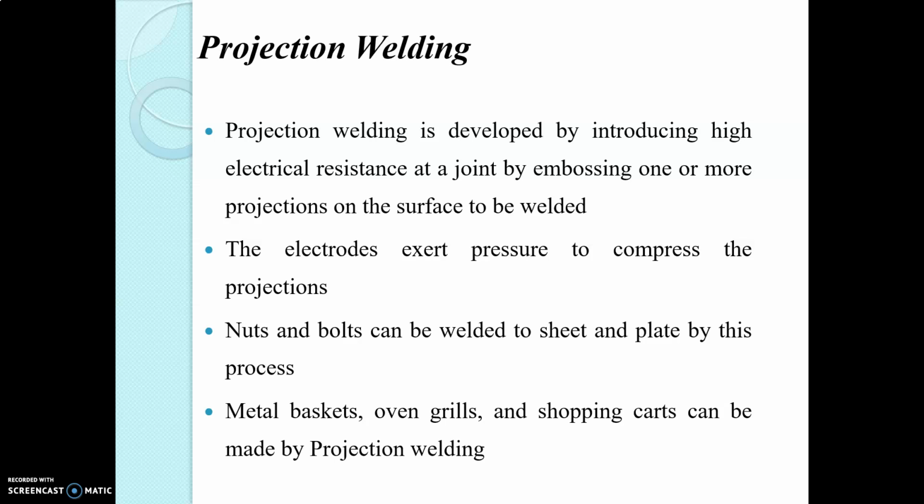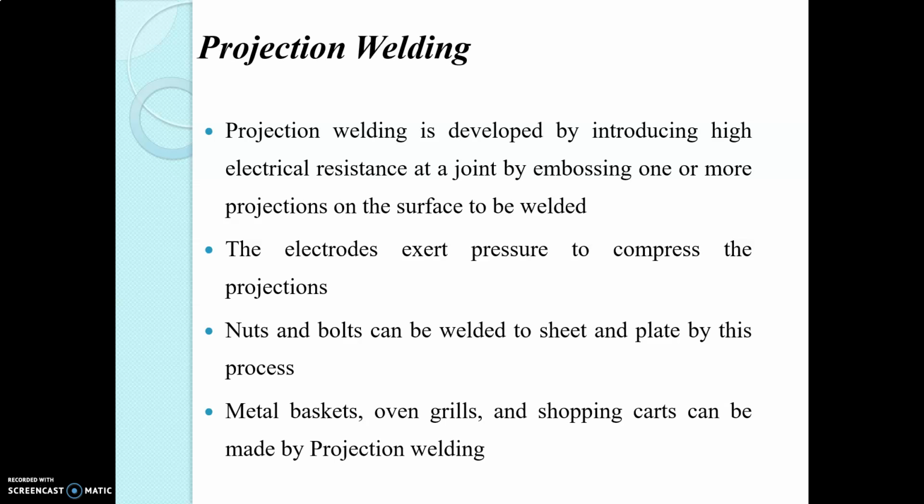These projections are readily made with punch presses by embossing, and the contact between the two metal pieces to be joined is made at the projections. When the welding current passes through these projections, they are melted and flattened, allowing the two surfaces to come together. The melted projections become the welds.